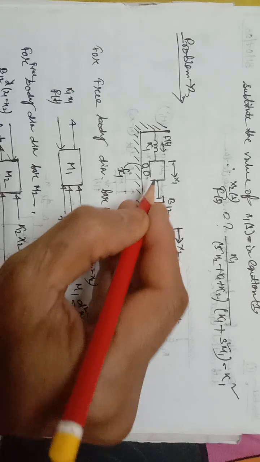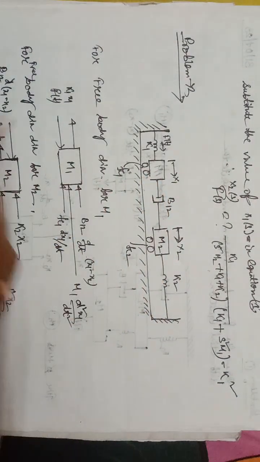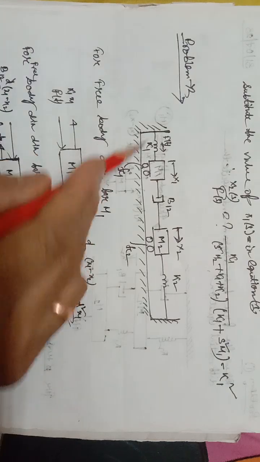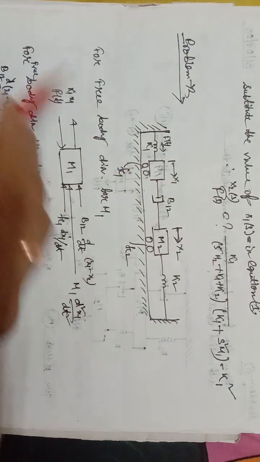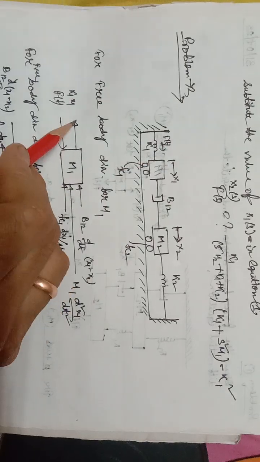This is for your mass M1. So Ft is the applied force, and in the opposite direction, this one in this direction, so that's why I consider the opposite direction.